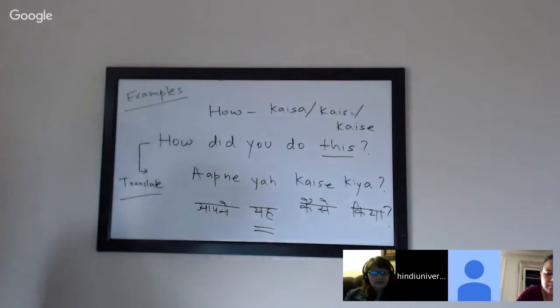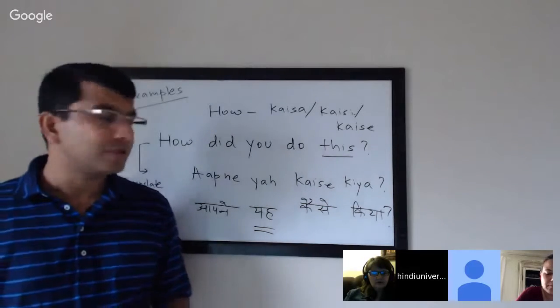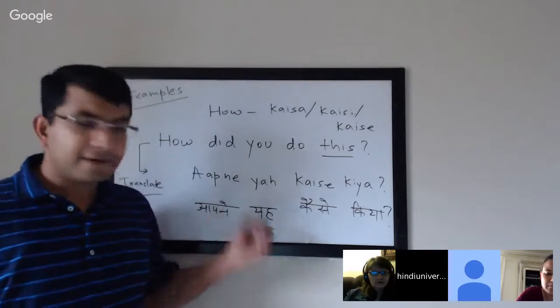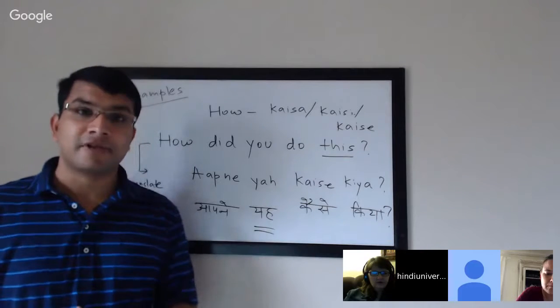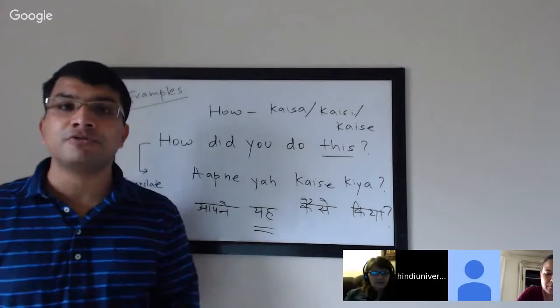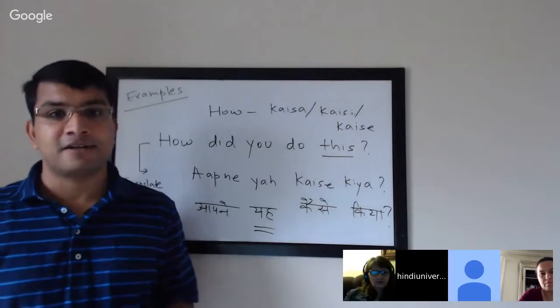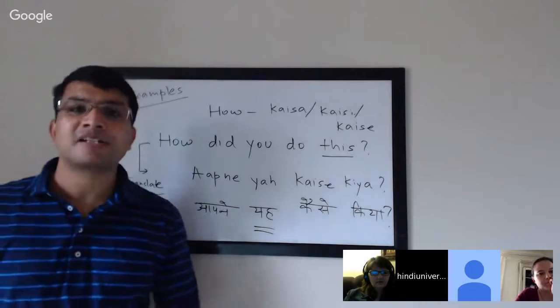Okay. So I want you to look at the other forms of interrogative as well, and really see whether it fits here or not. For example, when did you do this thing, right? When did you complete your PhD, or when did you join this job. All these sentences can be written using interrogative and the past form of karna.